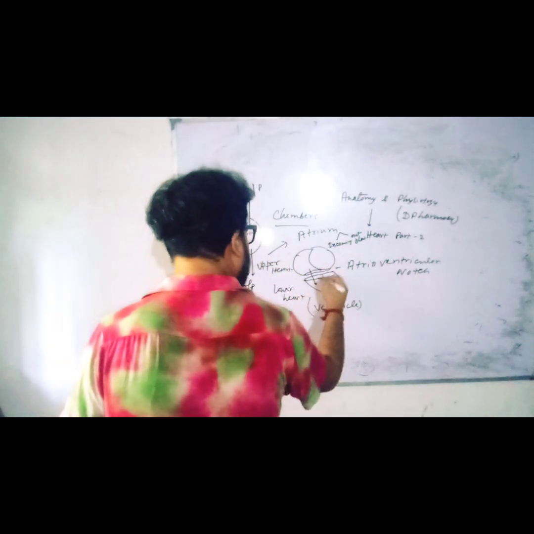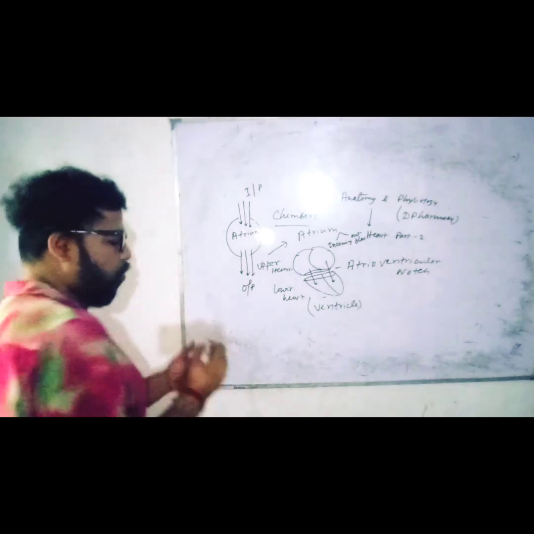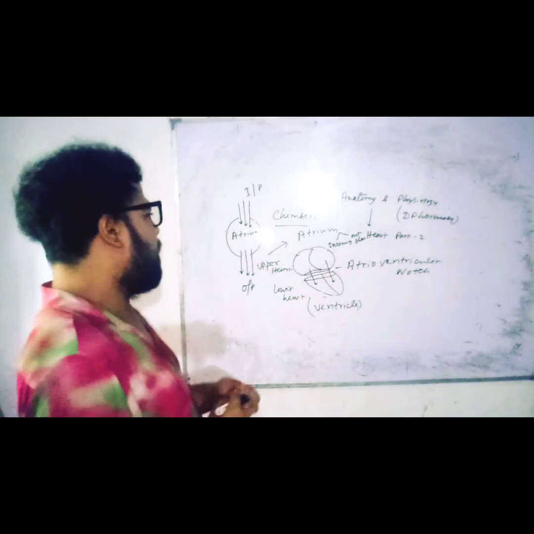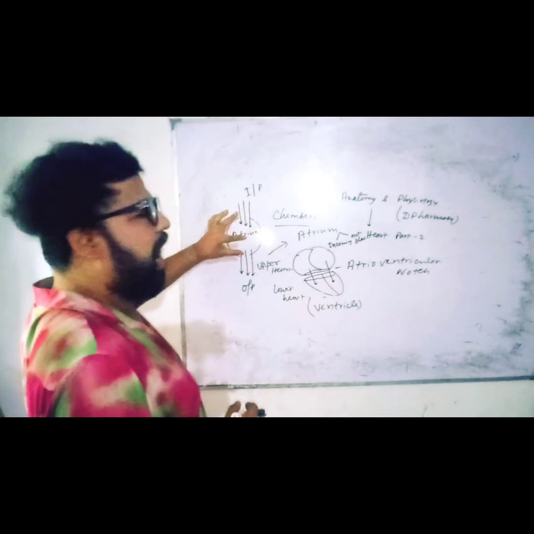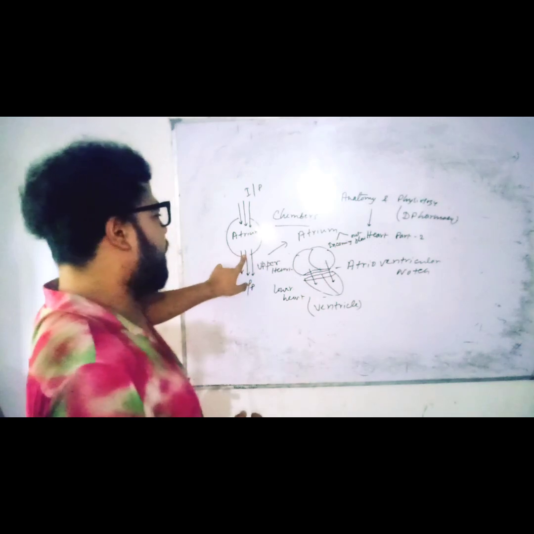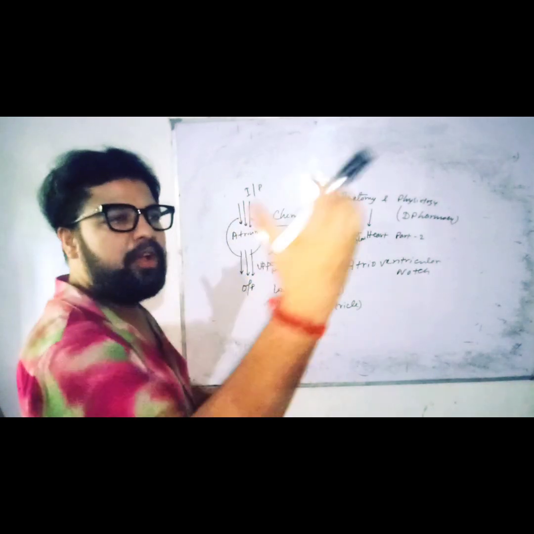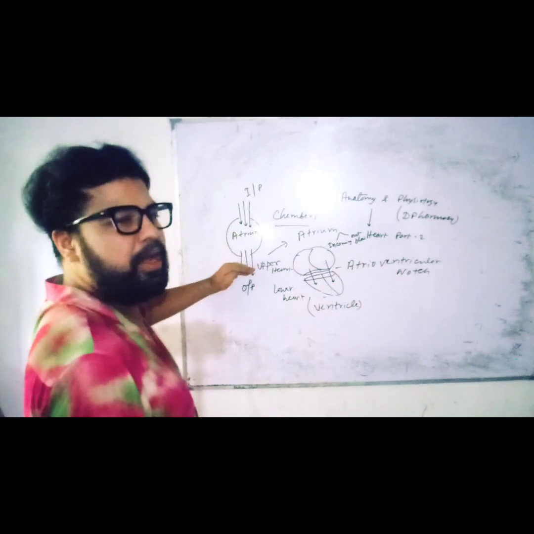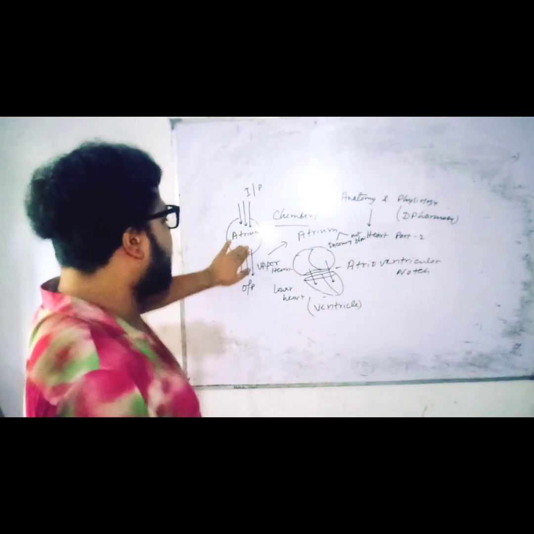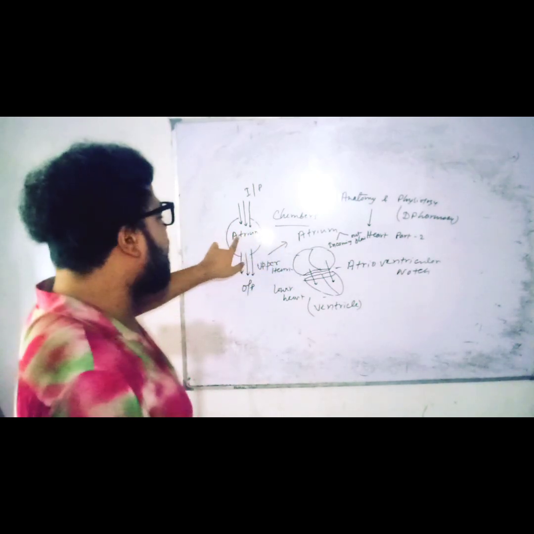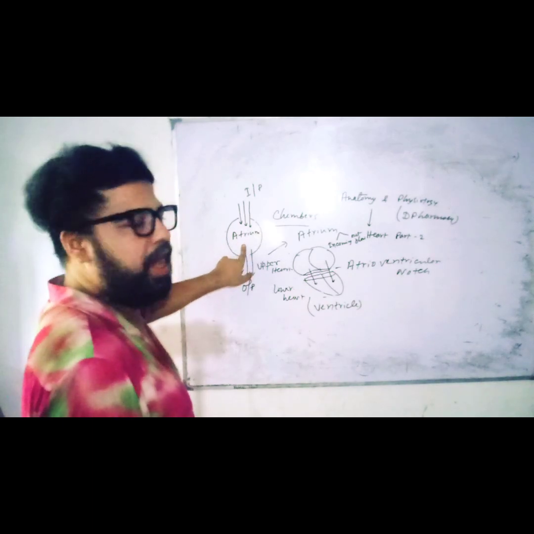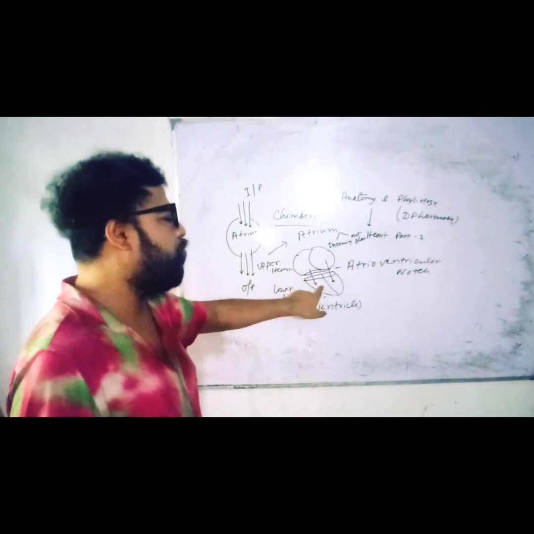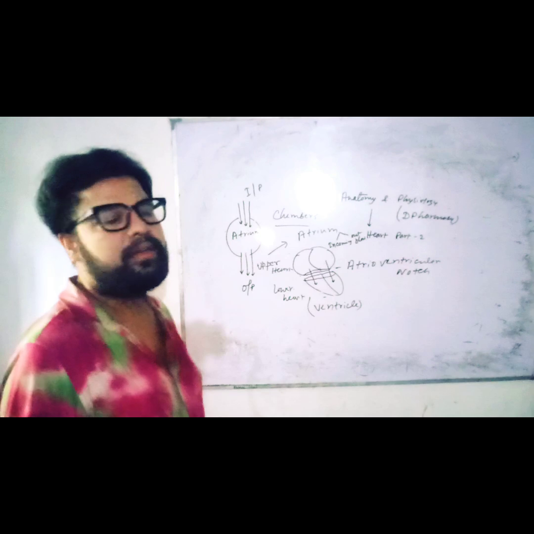Towards the lower direction. During the output phase, the atrium will be violently contracted, and all the reserved blood within the atrium will come downward into the ventricle.